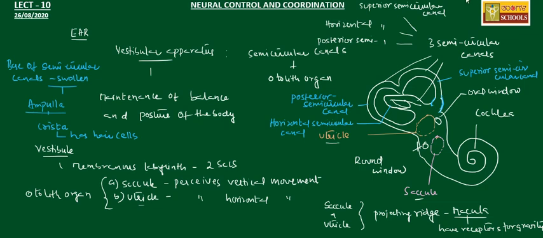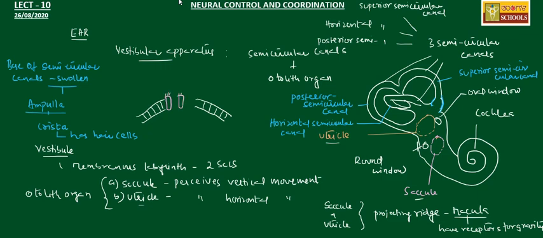So let's see how this crista is present in the ampulla region. Here is the projecting ridge, and here we have our hair cells. I'm showing just a few.